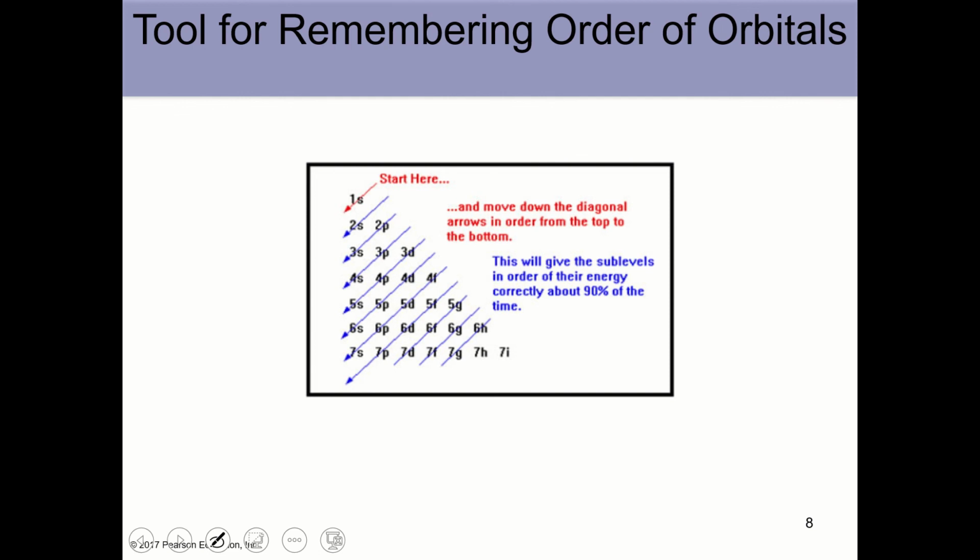So remembering the order of orbitals, you can use Aufbau's triangle, where you write out the triangle in this way. You start at 1s, and then you go diagonally from each row.